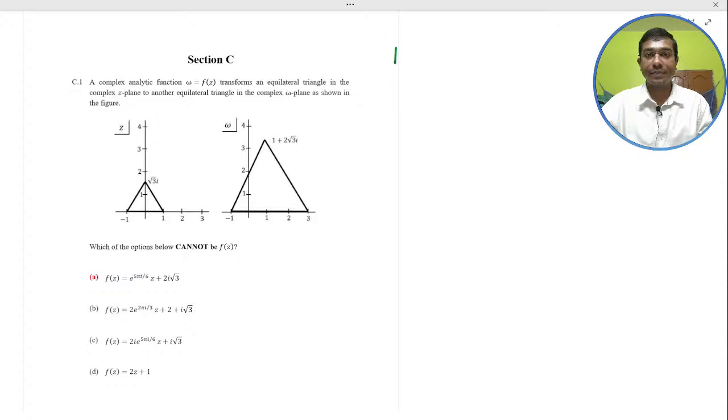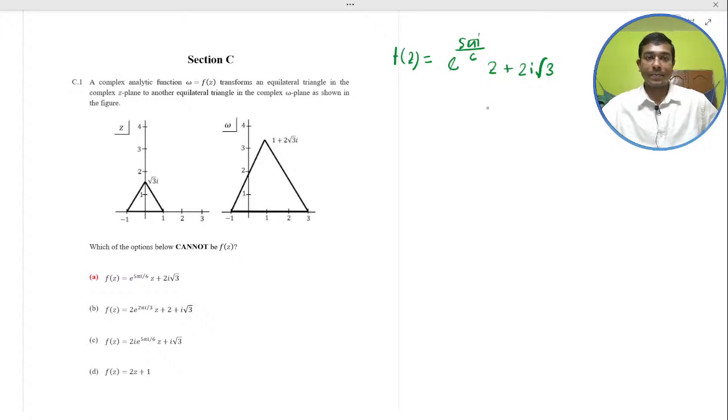That is f(z) equal to e to the power 5 pi i by 6 twice i root, which does not map the triangle in the z plane to the triangle in the omega plane.